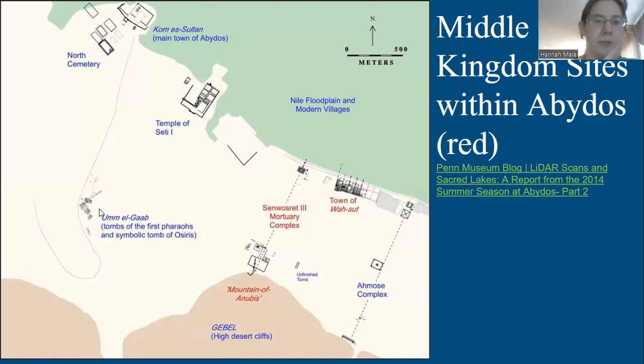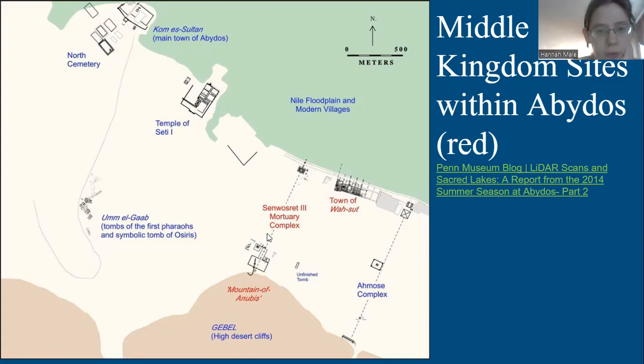So this is the pilgrimage spot where people actually wanted to come in the Middle Kingdom. And because of that, of course, that pilgrimage spot attracted royal attention and royal temples as well by the New Kingdom. So we have kings like Seti I in the New Kingdom that built a temple that was dedicated to him there as well, but also gave honor and reverence to the supposed tomb of Osiris.